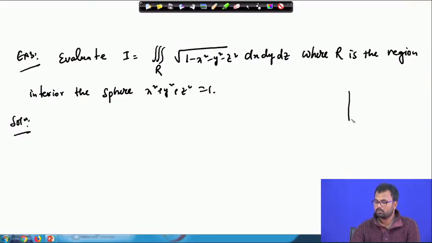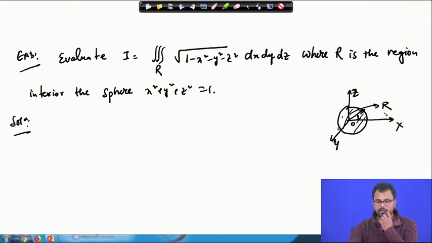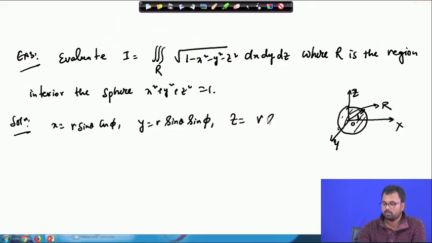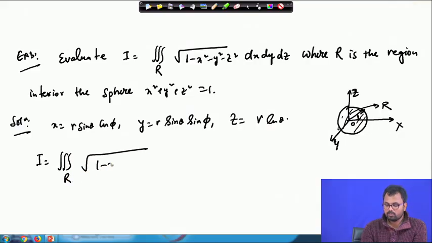So, we can draw the, so this is our z axis, this is our y axis, this is our x axis, and that is my sphere, this is the radius 1, and this whole is the region R. So, this is the region R, and if we substitute again x equals to r sin theta cos phi, y equals to r sin theta sin phi, and z equals to r cos theta, then this integral I equals to the integral over the region R of 1 minus x square minus y square minus z square dx dy dz.